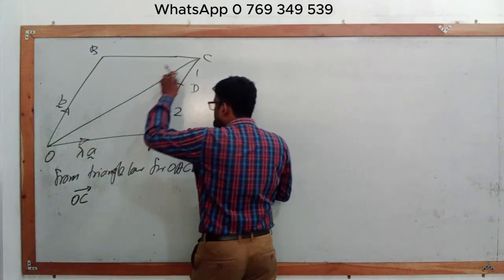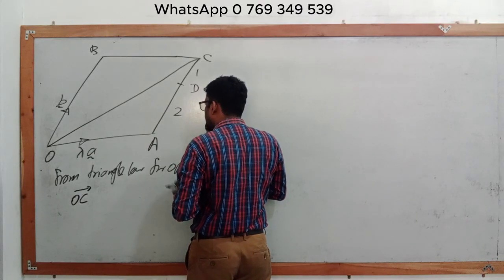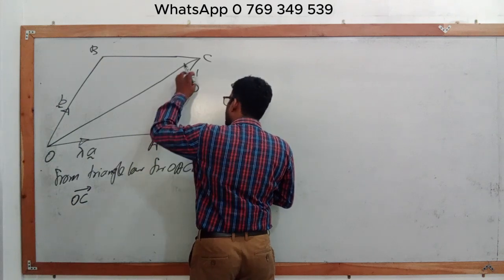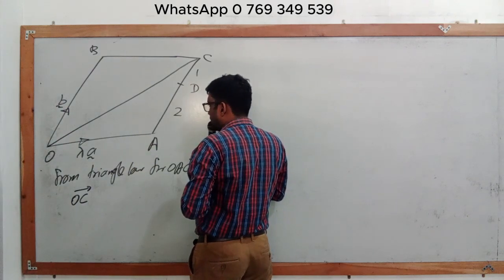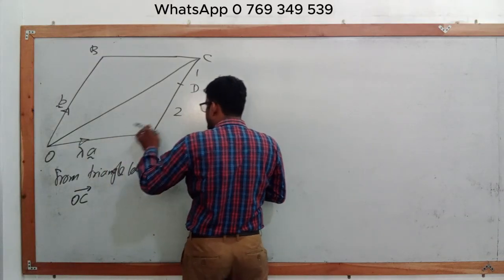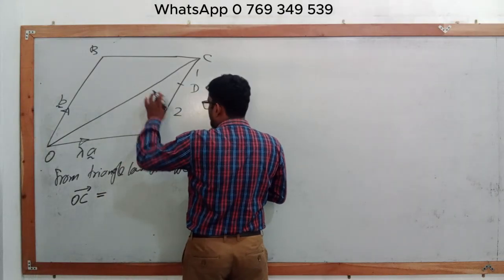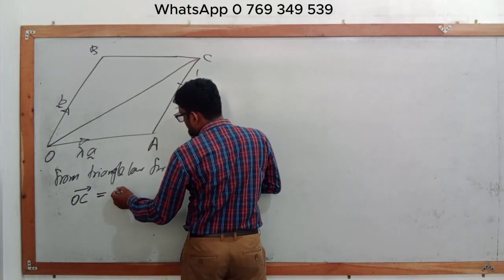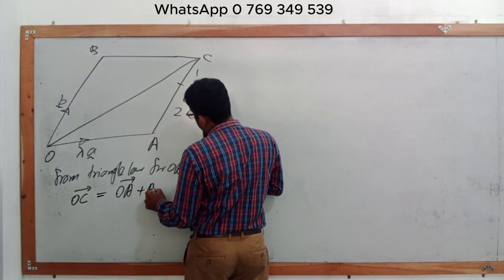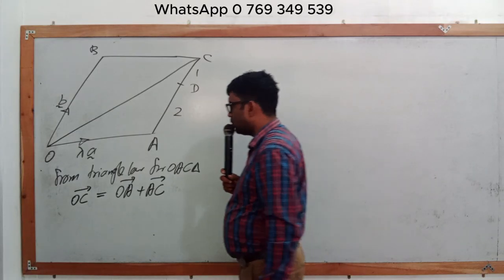We can take OC. We can use the triangle like that, no? Triangle law says the sum of these two sides, OA and AC, equals this side by vectors, right? Now OC.